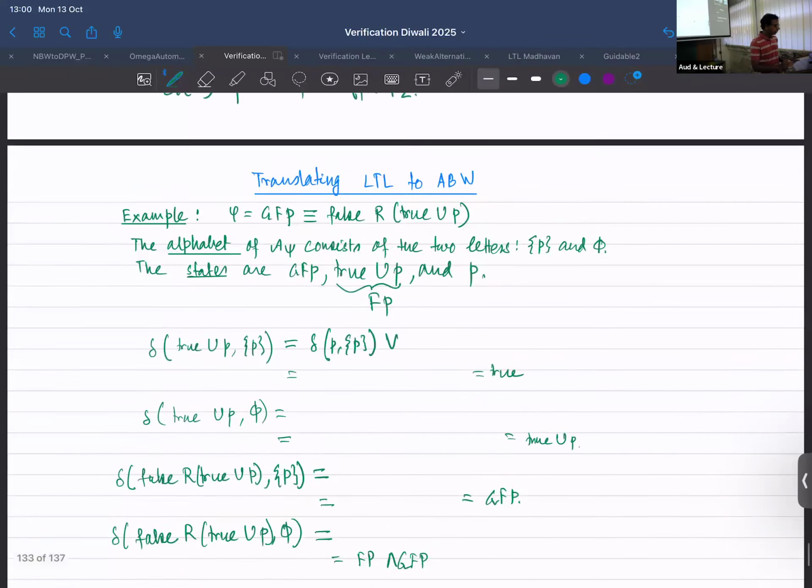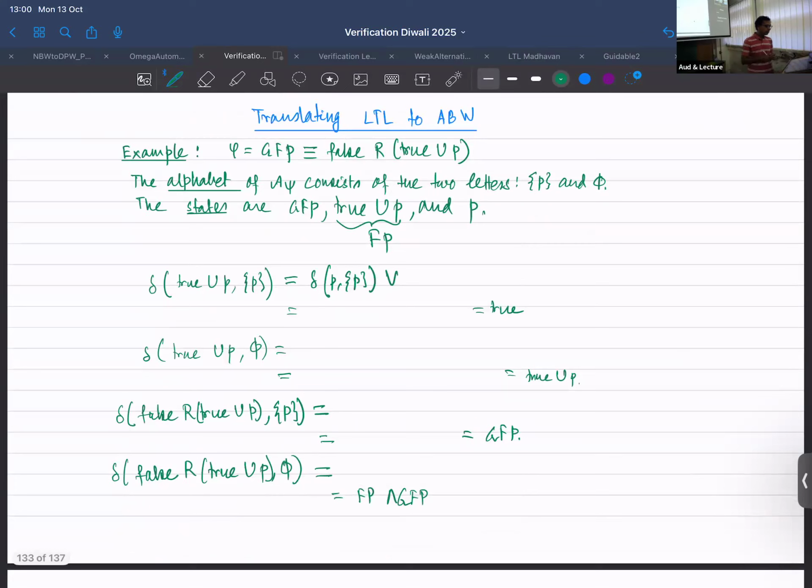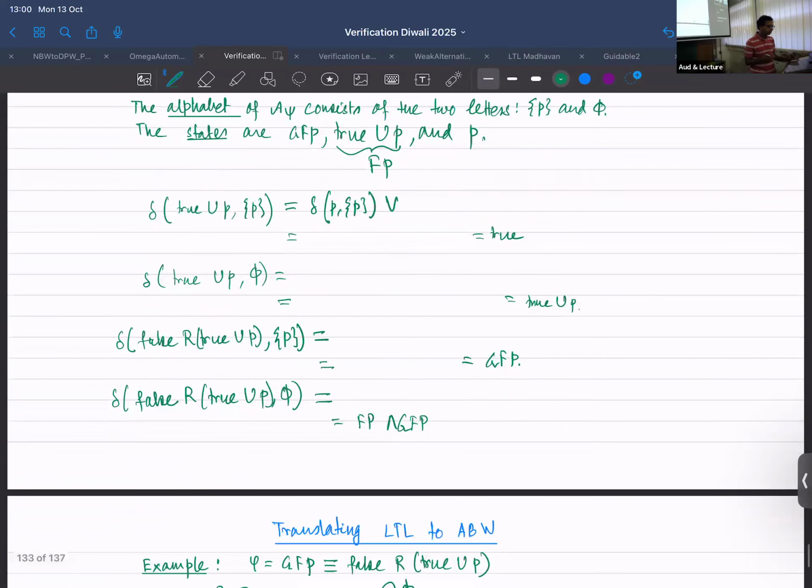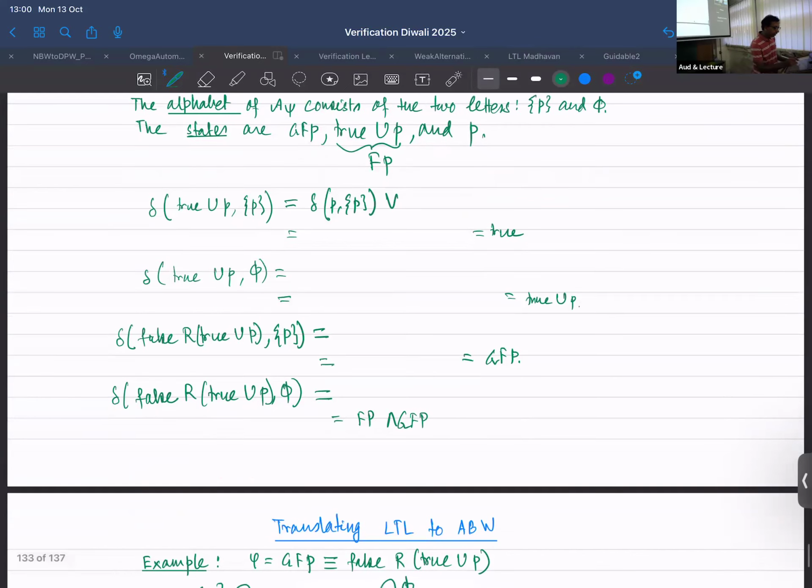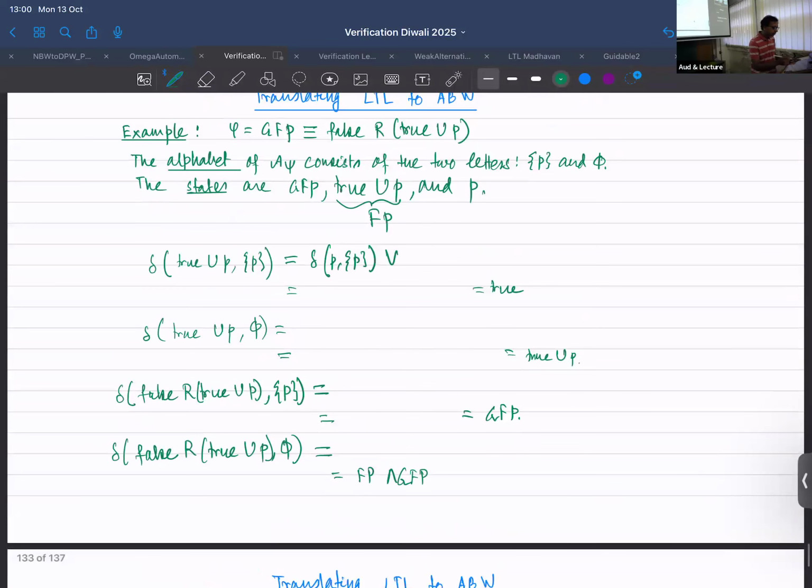Okay, good. What about true until P with the empty set? First part is not true, so the second part will come. The delta of P comma phi is false, and then the disjunction part. So what is the disjunction part?